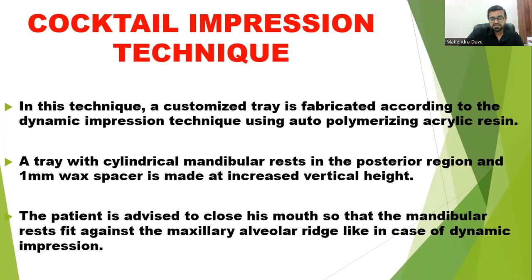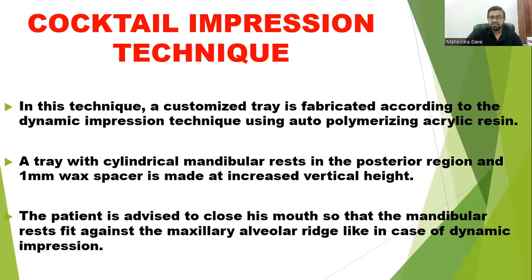Another impression technique, a very famous technique for resorbed ridges, is the cocktail impression technique. In this technique, a customized tray is fabricated according to the dynamic impression technique using an autopolymerizing acrylic resin.